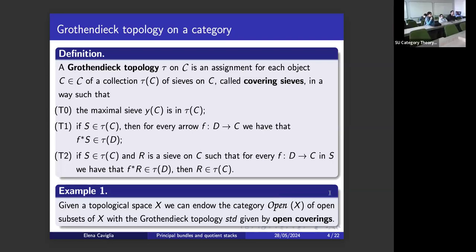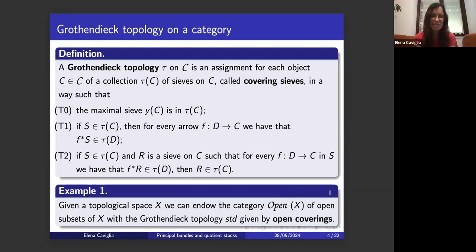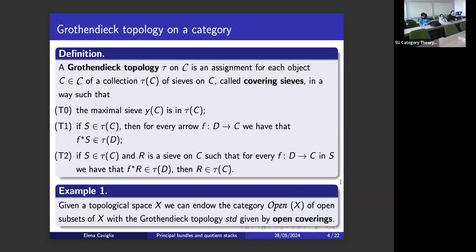And this is the example 0, we can say. And we can also make a global version out of this kind of topology. So we can endow the category of topological spaces with a standard topology in which, again, the covering families are the usual open coverings. And we'll see that this is what will recover the classical case of principal bundles in our theory.